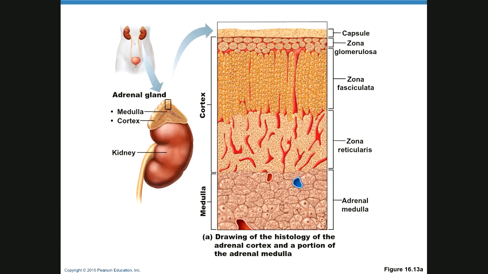Okay, and here we have our medulla down here and our cortex on the outside. So let's see. Yeah, here we got our adrenal medulla, and this is our cortex. So zona glomerulosa, fasciculata, and reticularis.